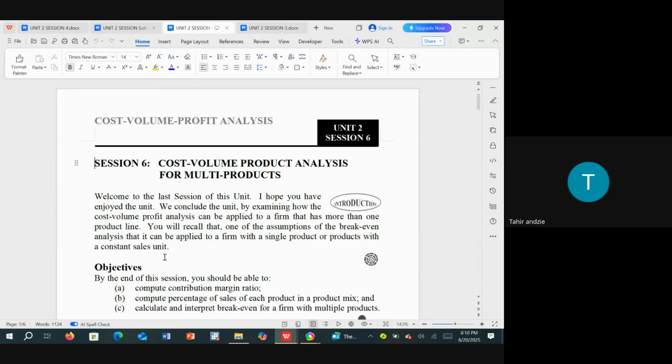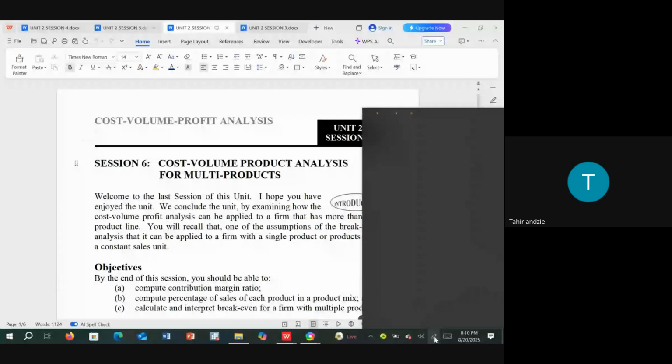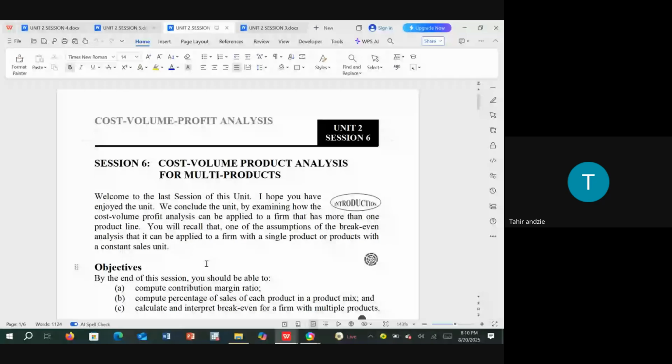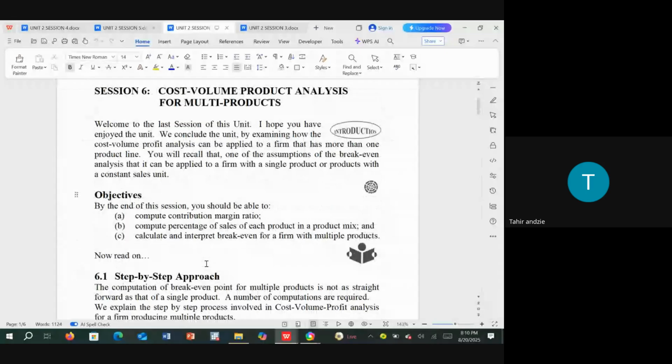Okay? So the steps involved in undertaking the cost volume profit analysis for multi-products are as follows. By the time we finish discussing this section, you should be able to compute the contribution margin ratio.